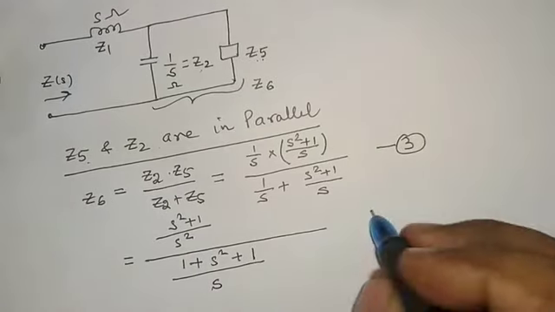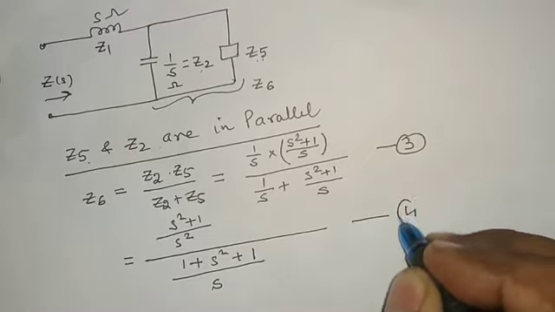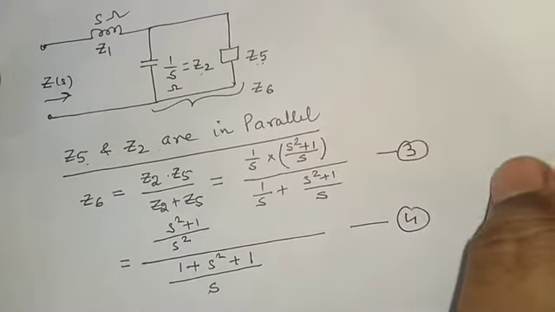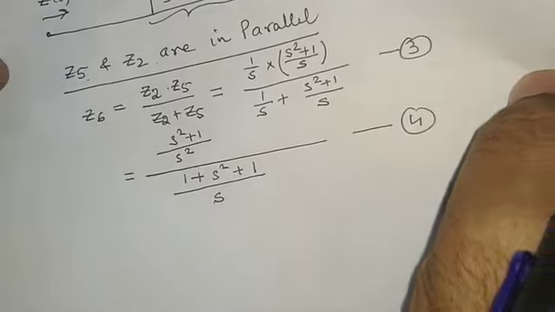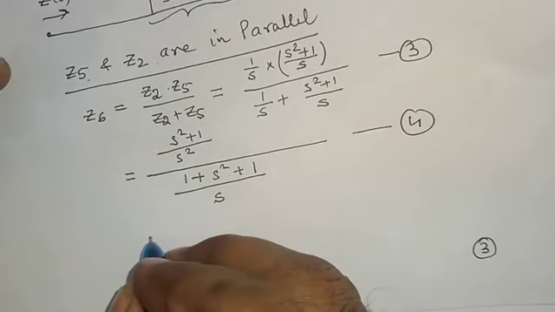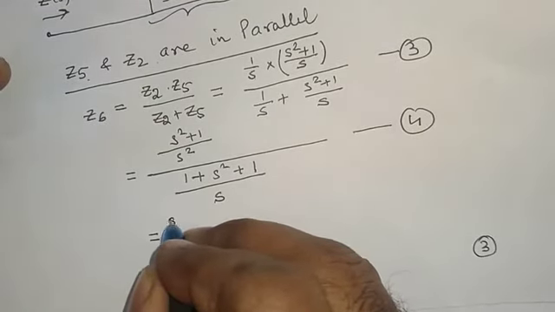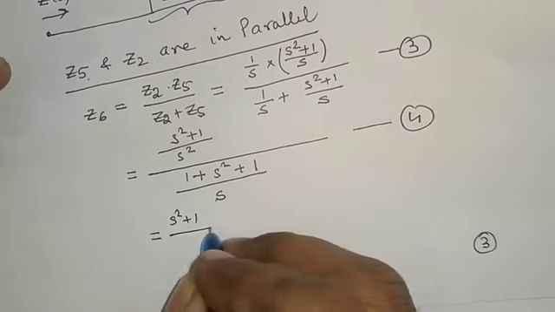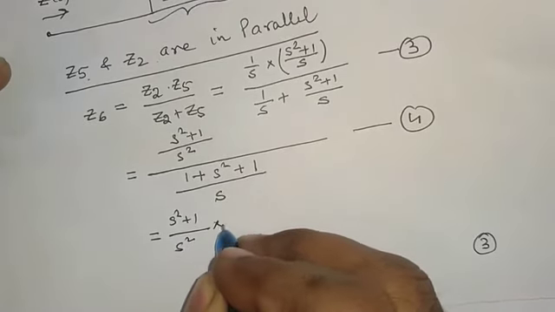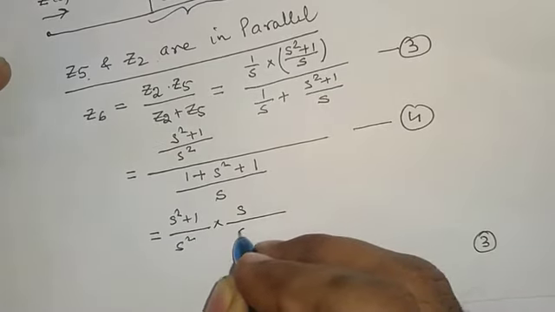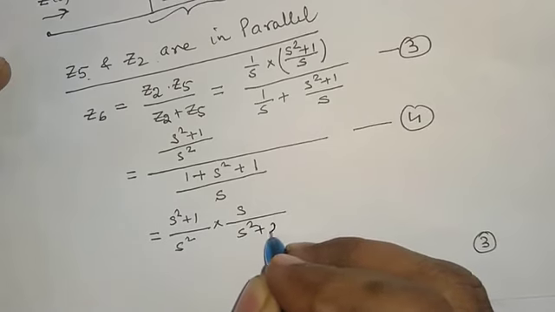Now, it is the value of Z6. If I solve this value, then it will be S square plus 1 divided by S square, multiplied by S divided by S square plus 2.